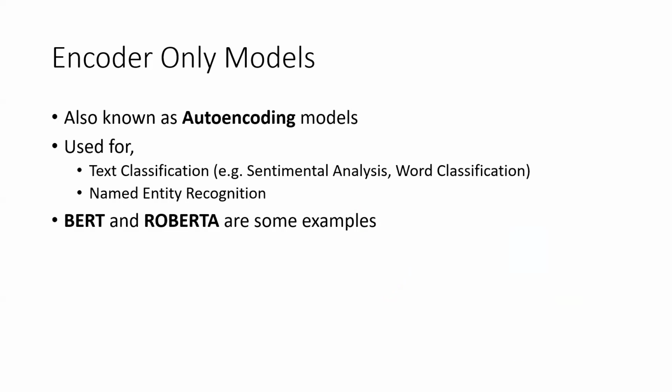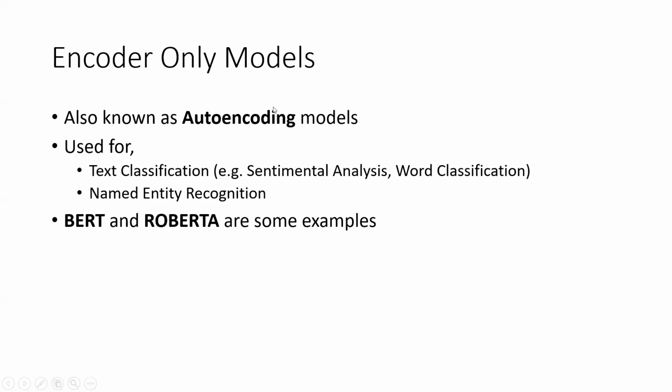These encoder models are also known as auto-encoding models because they can automatically, in an unsupervised manner, encode the bidirectional context. That means they can learn the bidirectional context in the language. That is why they are known as auto-encoding models, and they are mainly used for text classification or named entity recognition. Text classification means something like sentiment analysis, word classification, and so on.